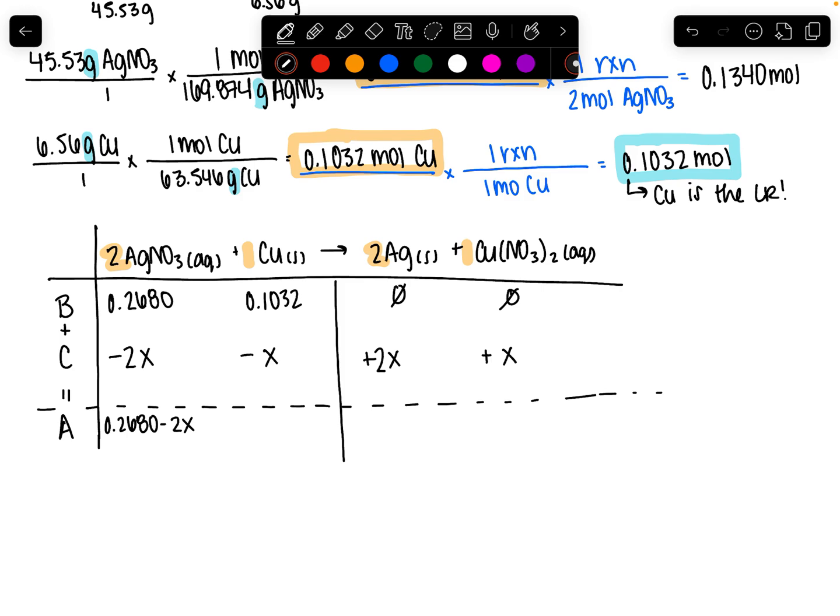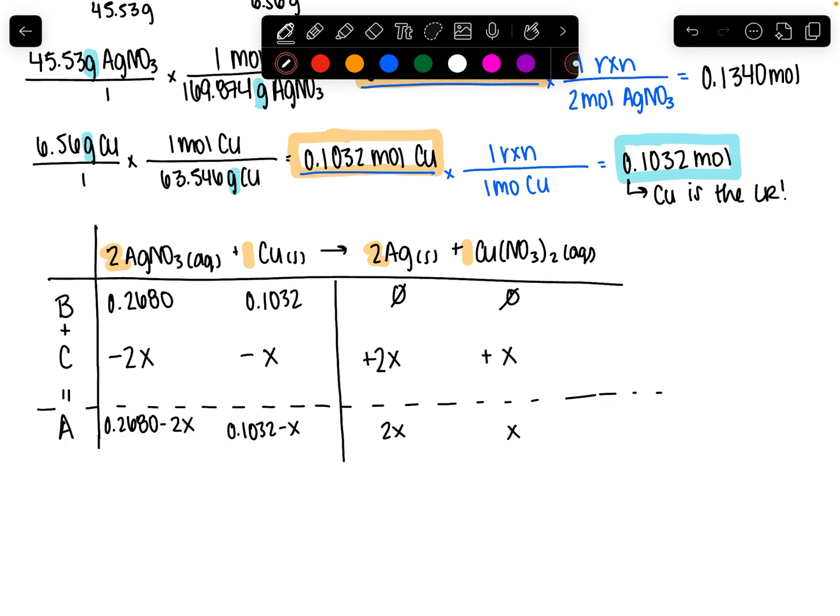So after, we are going to have this value left over. For copper, we started with this many moles, and we're going to lose some amount of it over time. For silver, we are going to make 2x amount. We're going to make double the amount of silver as we are copper nitrate, and we're going to have x amount of it over time.